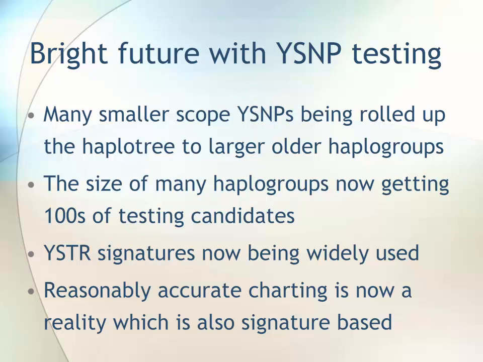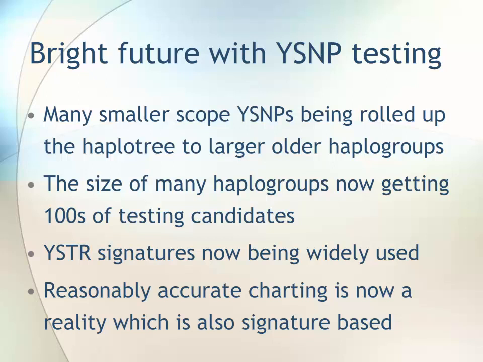Most smaller SNPs are starting to roll up and become parts of slightly older haplogroups. So in one area, you have a consolidation of newly discovered YSNPs that allow you to predict at one level, so you don't have to predict 5 smaller ones. So it is improving in that landscape.